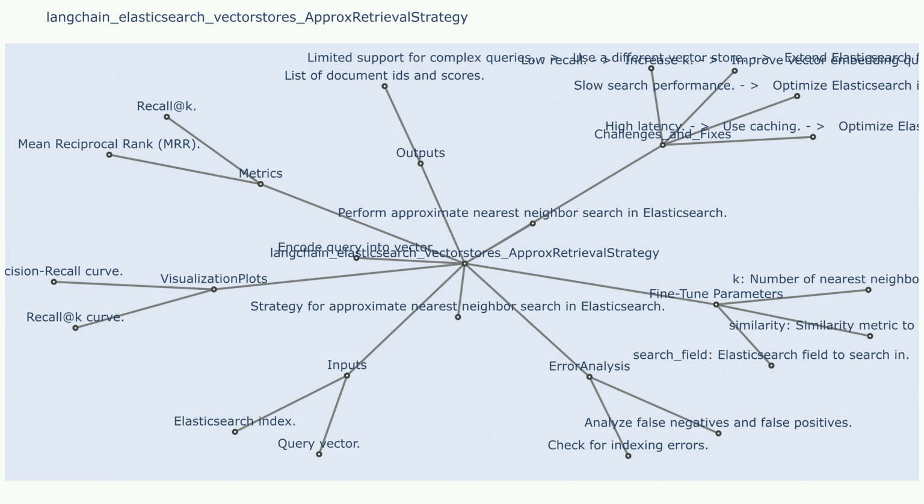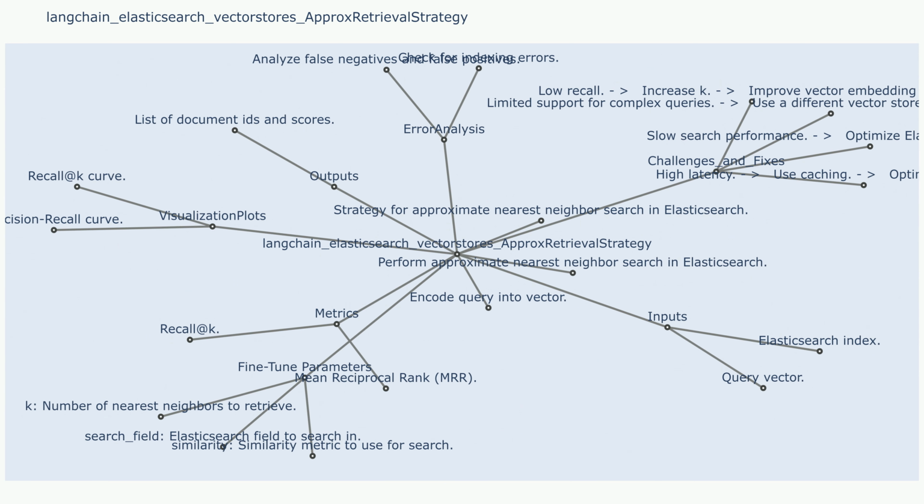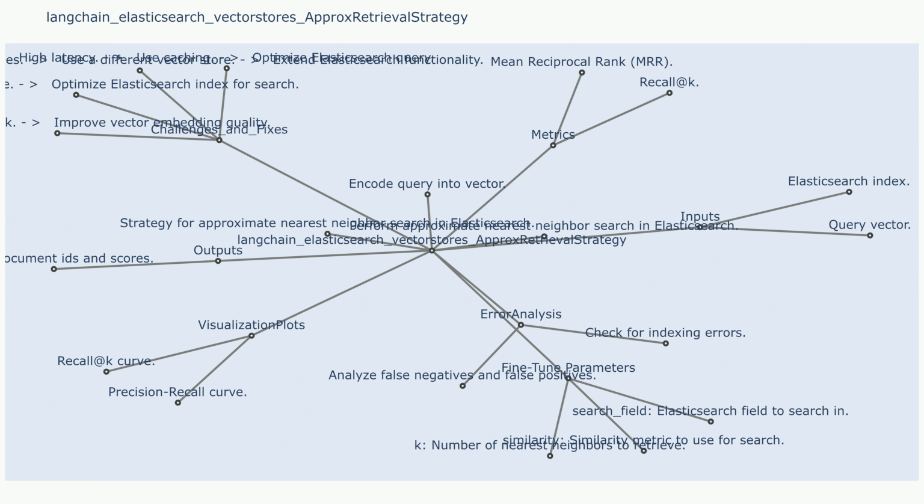Uncertainty methods. Confidence score: the similarity score between the query vector and retrieved documents can be used as an indicator of confidence in the retrieved results. Ensemble retrieval: using multiple retrieval strategies and combining their results can provide more robust and diverse results.